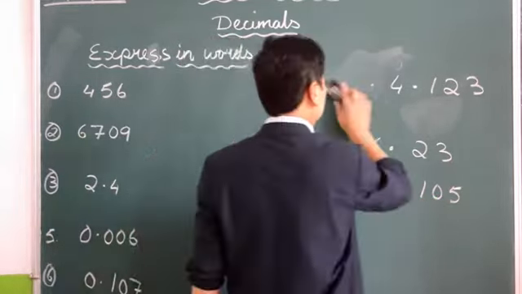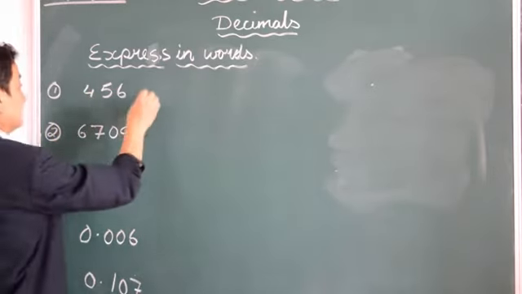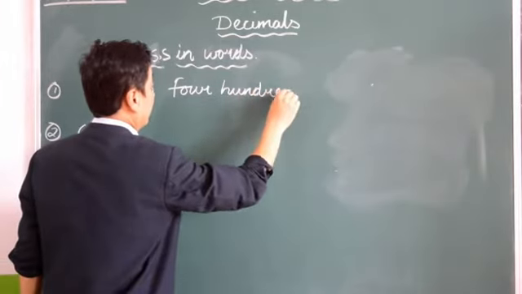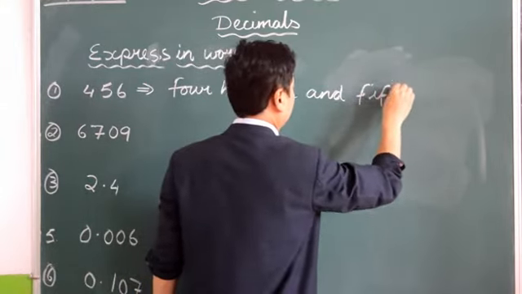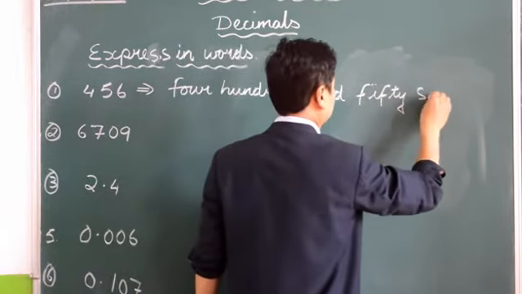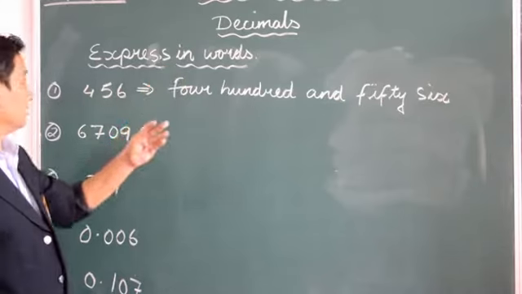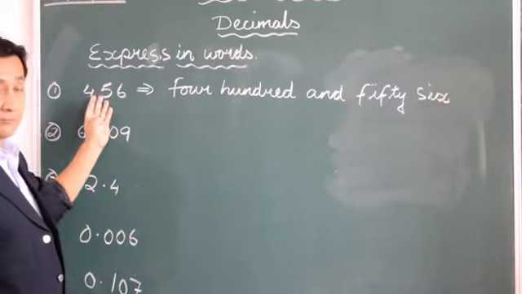Now let's get back to the questions. Today, children, we are going to learn how to express decimals in words. There's no decimal here. Let's read this number, 456. So we write it out in words. That's how we express it in words. There's no decimal point, so these are all whole numbers.